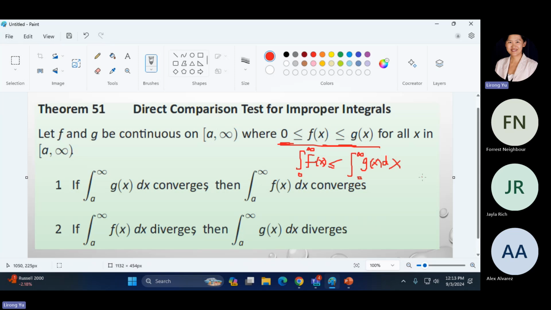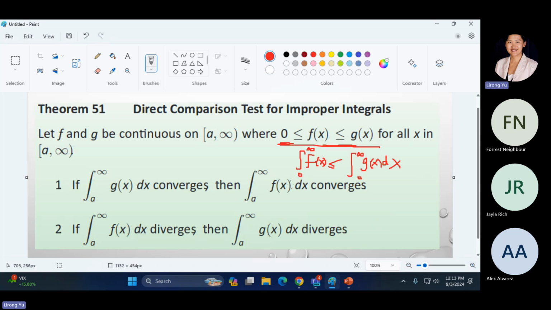Smaller one equals a number, bigger one may not. Another thing is if this is infinity, it doesn't guarantee that one. So you have to remember that they have that squeeze effect. The bigger one being small forces the smaller one to be smaller. The smaller one being big forces the bigger one to be big. That kind of makes sense.